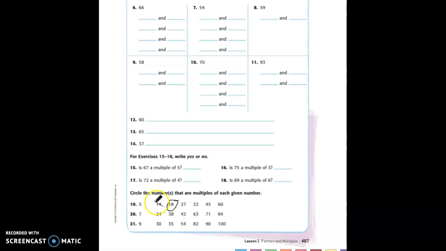Make sense? So all you have to do is circle the numbers that are multiples of the given number. So it's basically combining and giving you several problems all at once and going through to check each one of these, either counting up or dividing. You're going to do the same thing for 7 and for 9.